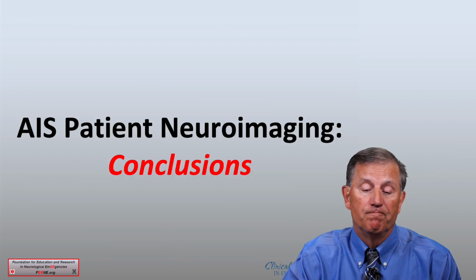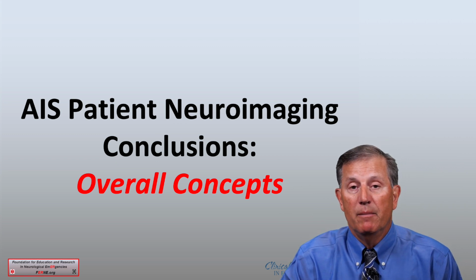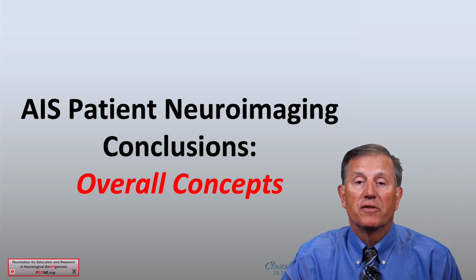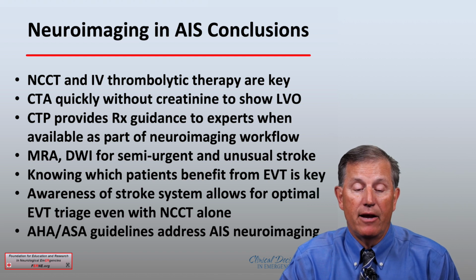So in conclusion, what are the overall concepts regarding the use of imaging and the use of multimodal CT? We know that non-contrast CT and IV thrombolytic therapy is still key within 4.5 hours and is the standard of care.